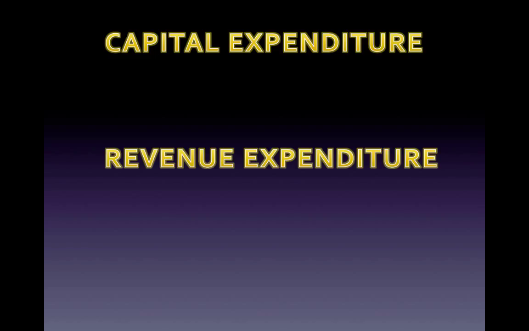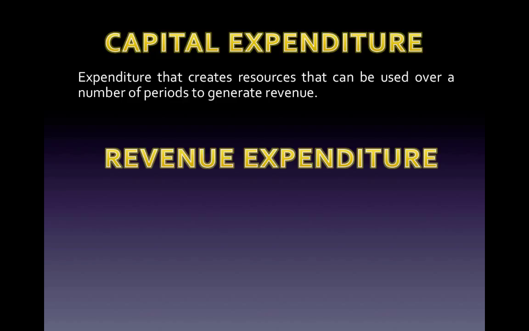Now there's also a need to define two other things. One is capital expenditure versus revenue expenditure. Capital expenditure means that you have spent money on something. You have paid for something.